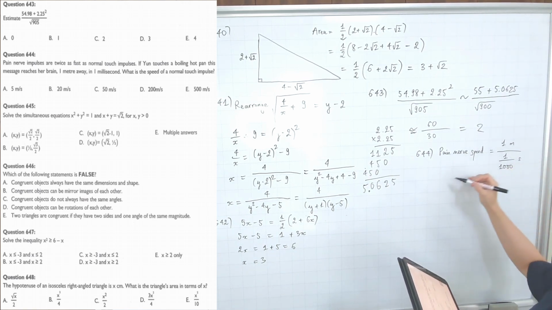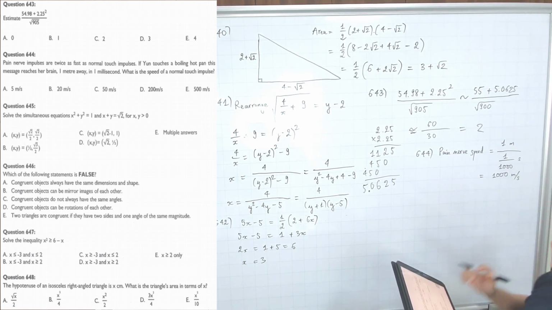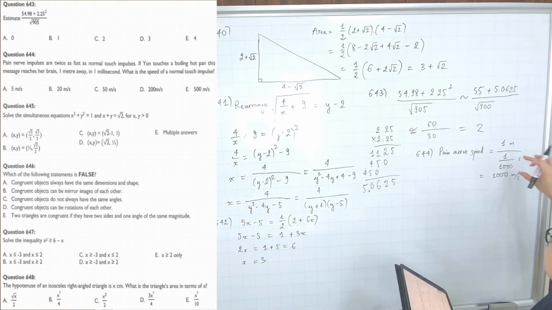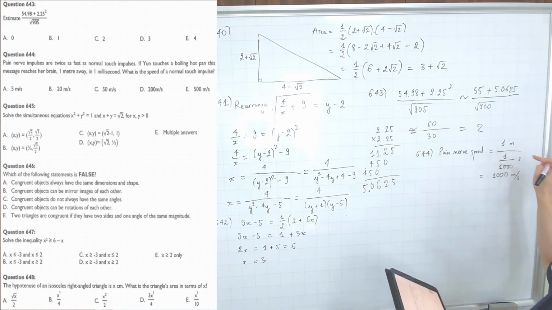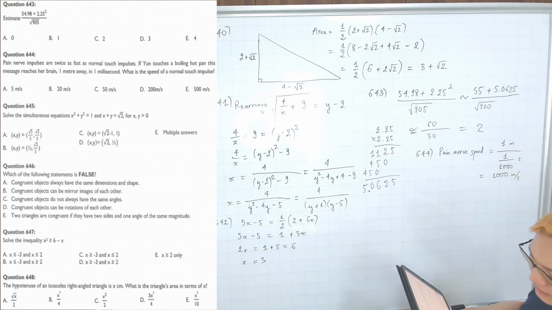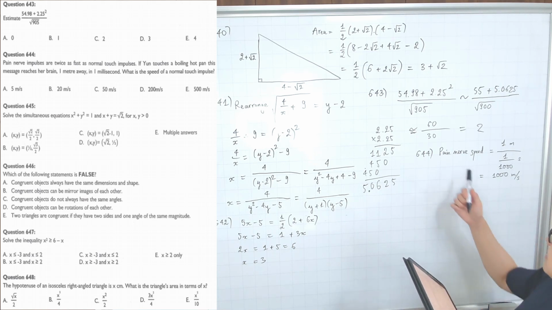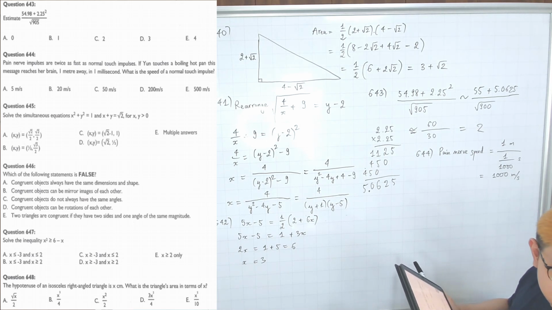So it means that it's gonna be 1000 meter per second, right? Chia phân số bằng nghịch đảo. Divided by a fraction means you times the opposite of that fraction. But this is the speed of the pain nerve, right? Tốc độ của cái pain nerve.